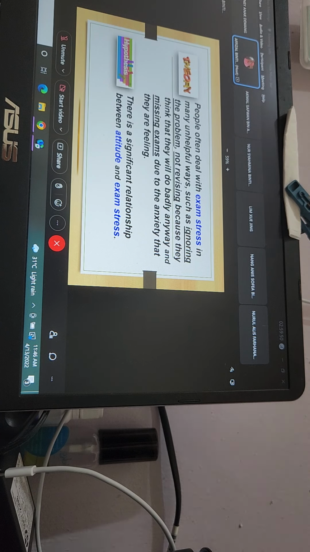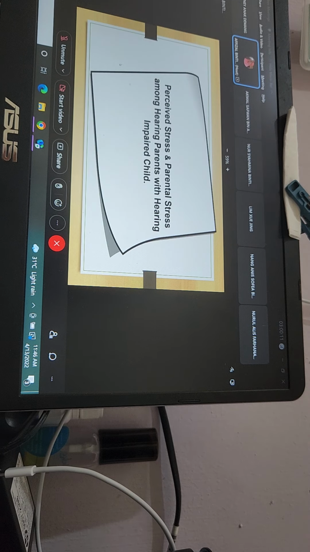So when you read this theory, I can see the difference in attitude. So my hypothesis will sound like: whether there is a significant relationship between attitude and exam stress. This is your assumption. This is the hypothesis. Okay, this is the example. Give me 5 minutes, then you can leave. Whoever wants to leave, it's okay.